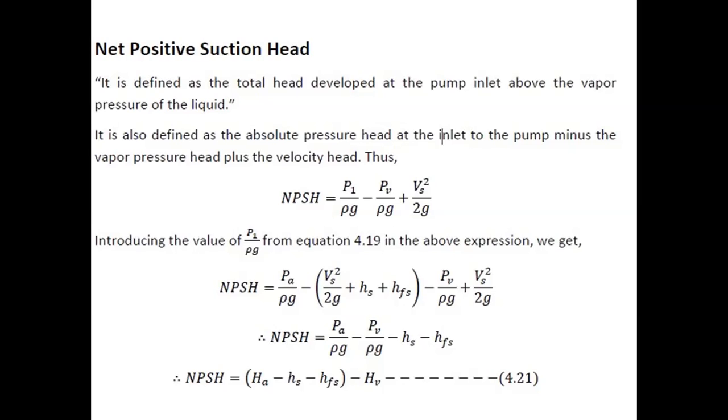So net positive suction head = PA/ρg − PV/ρg − HS (suction head) − HFS (frictional suction head). So NPSH = HA − HS − HFS − HV, where HV is the vapor pressure head.